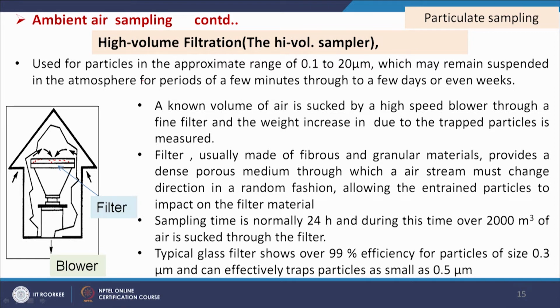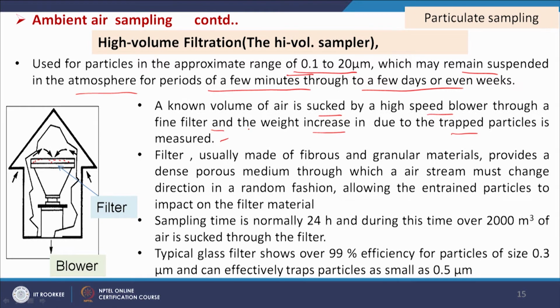It is used for particles in the approximate range of 0.1 to 20 micrometer, which may remain suspended in the atmosphere for a period of a few minutes to a few days or even weeks, so very small particles can also be separated. A known volume of air is sucked by a high speed blower through a fine filter, and the weight increase due to the trapped particles is measured.